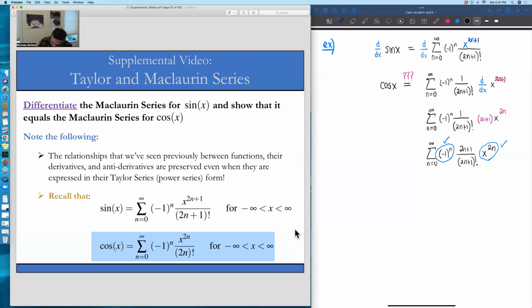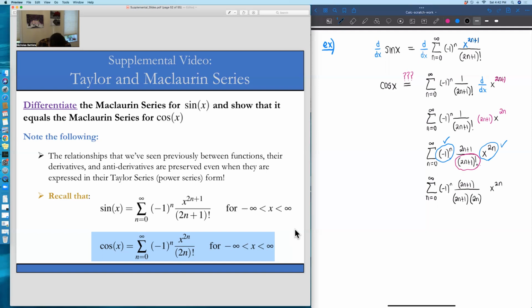So let's do a little bit of factorial algebra here. We have that minus 1 to the n. That term is fine. We have the 2n plus 1 in that numerator all over the 2n plus 1 factorial. We'll come back to that in a moment. And we still have that x to the 2n at the end. What we're going to do now is take that 2n plus 1 factorial and use some factorial algebra. We can rewrite this as 2n plus 1, and then using factorial algebra, that's going to be times 2n factorial.